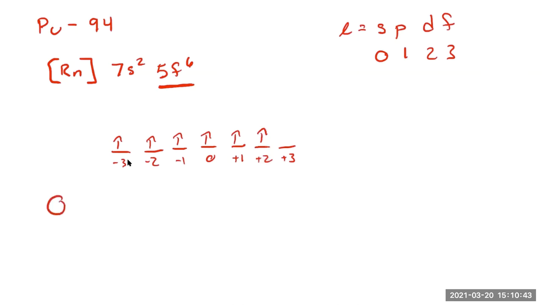So that means its quantum numbers are going to be 5, because we're in the 5f. Remember, f is 3. We stopped at the +2 for the m sub l, and our electron's pointing up, so it's a +1/2.